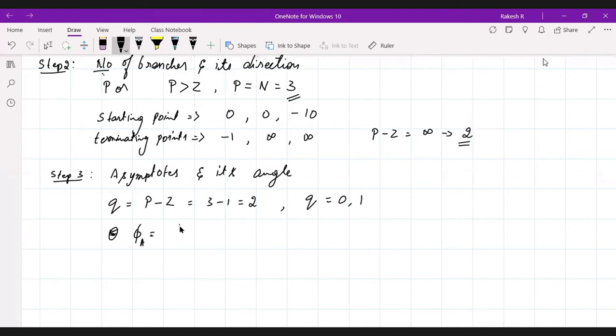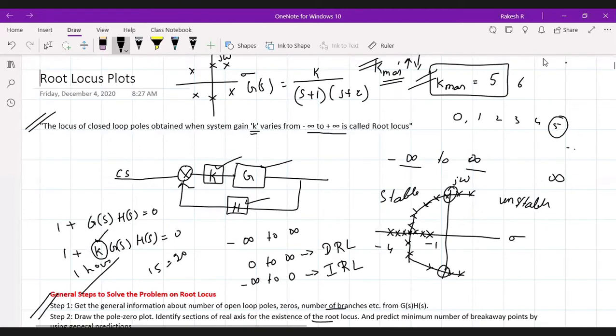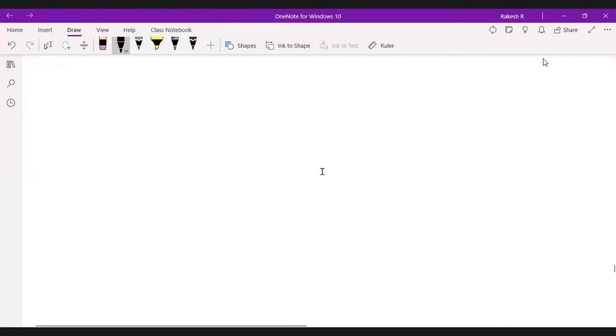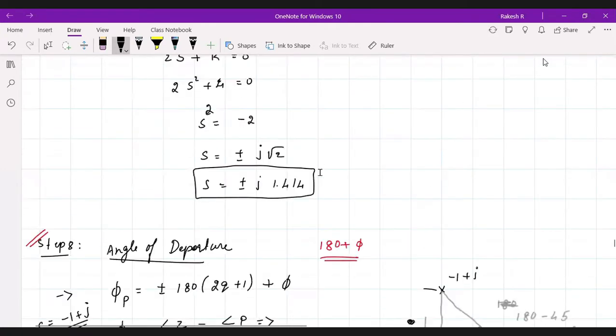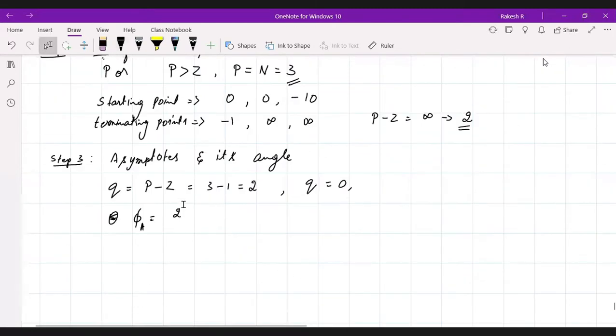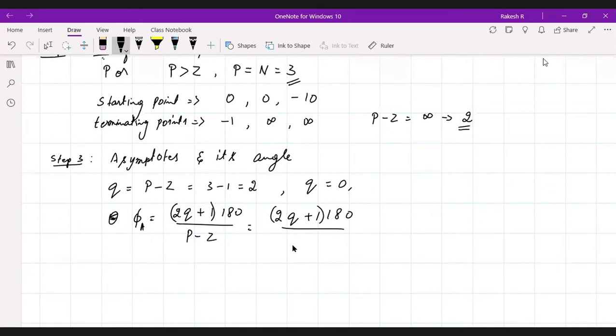The asymptote angle is given by (2Q plus 1) into 180 divided by P minus Z, which is 3 minus 1, that is 2.